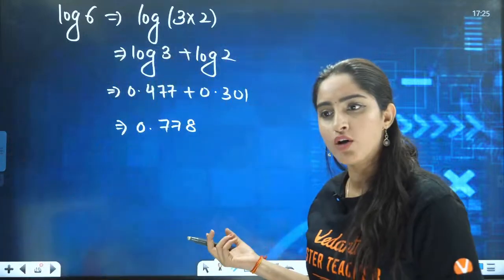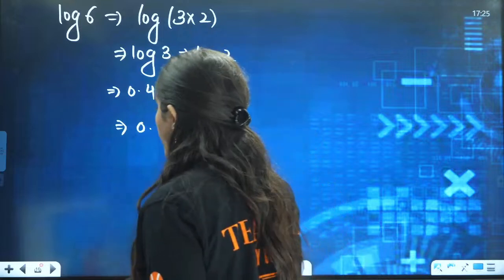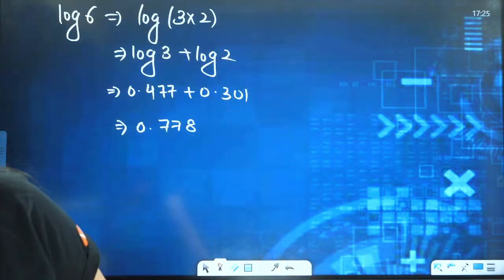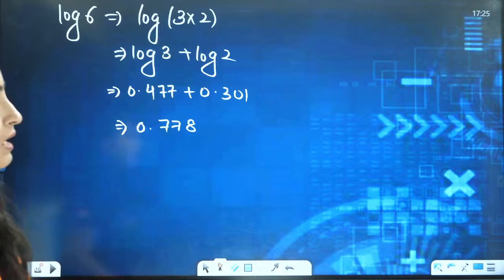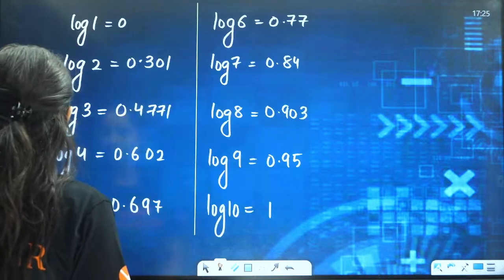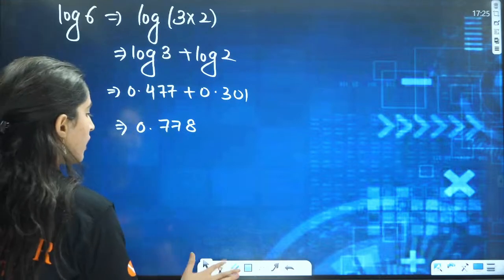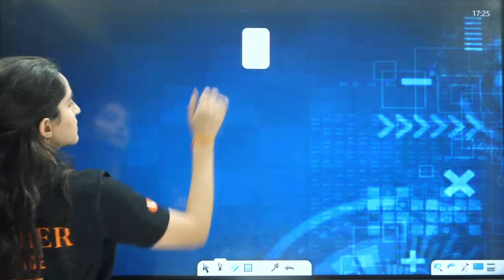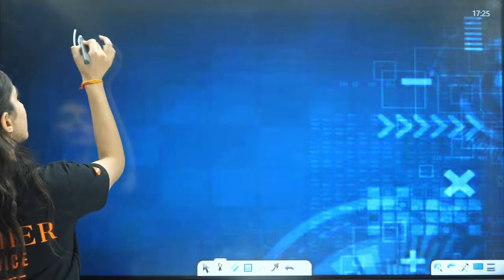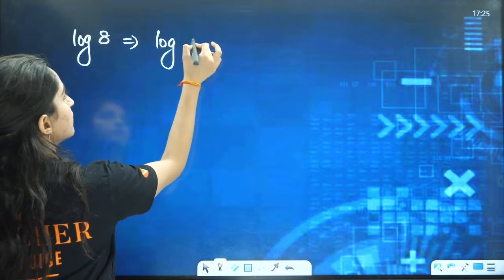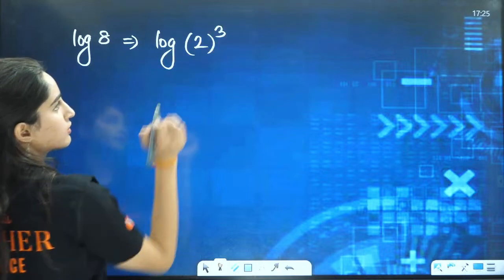Okay, you can also solve it like this. You might say, ma'am, I also want to solve log 8. Then what will be the value of log 8? Now, again, very simple. How to solve log 8? You can see that the cube of 2 is 8, right?